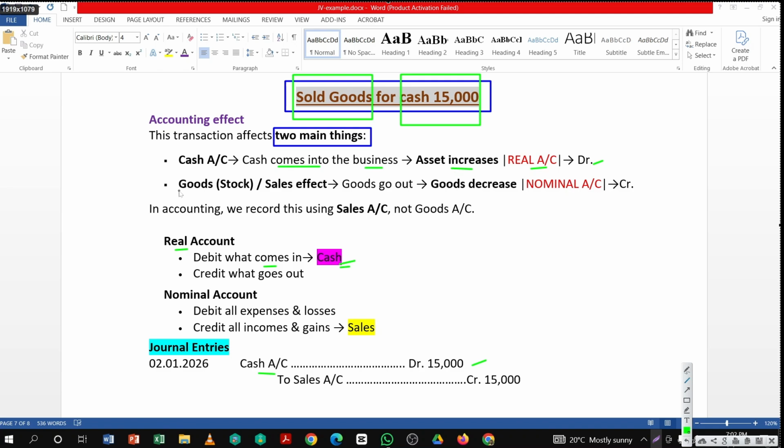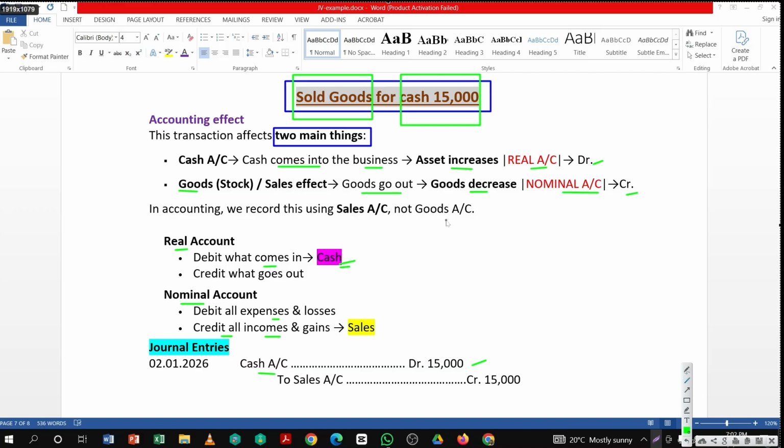And another is goods sold, that is goods go out, goods decrease. This is a nominal account, that means credit. In nominal account, when expense or loss increases, this will be debit, and when income and gain increase, this will be credit.